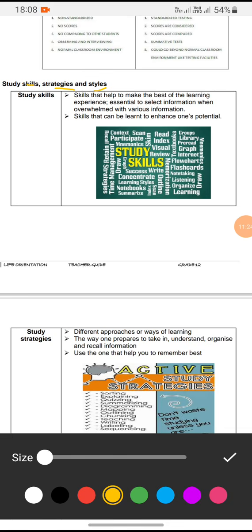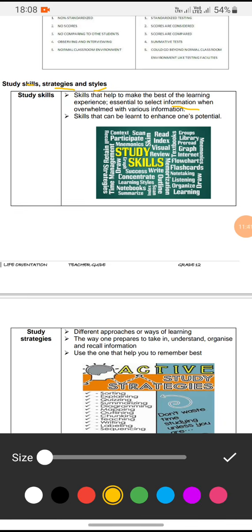Study skills help to make the best learning experience, essential to select information when overwhelmed with various information.